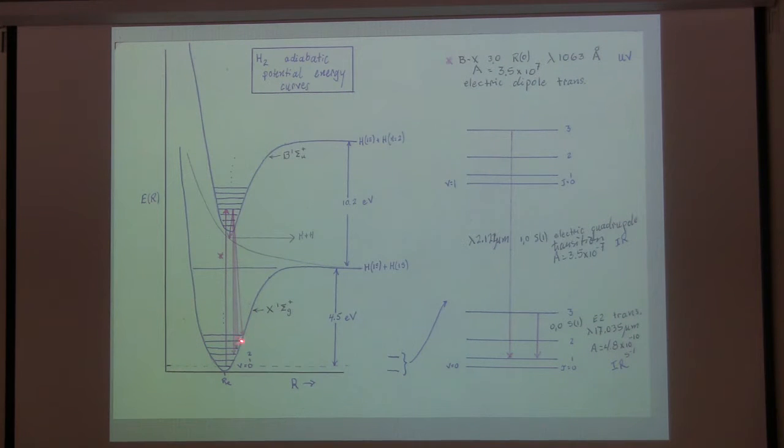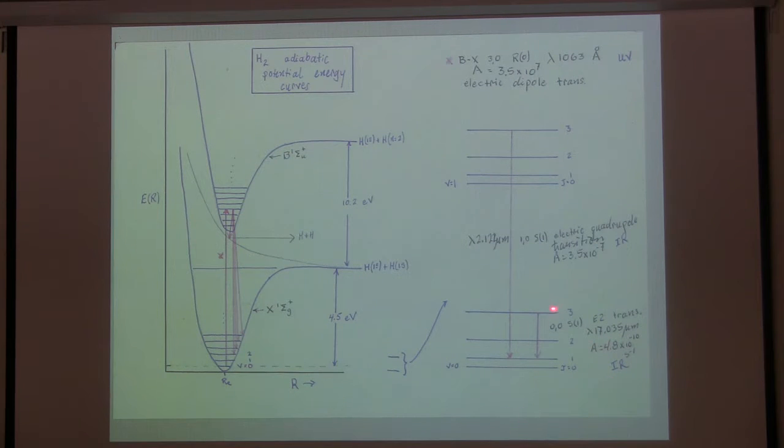But in order for this rotation vibration cascade to relax back down to the ground state in the interstellar medium, we have to consider the transition probabilities here. And for a typical delta V equals 1 quadrupole transition in H2, this is now 14 orders of magnitude slower, 3.5 times 10 to the minus 7 per second of vibration rotation transition, and even slower still for a pure rotational transition as an electric quadrupole.